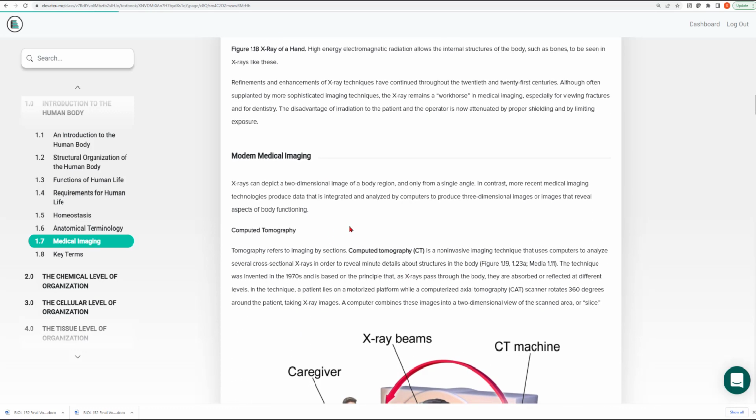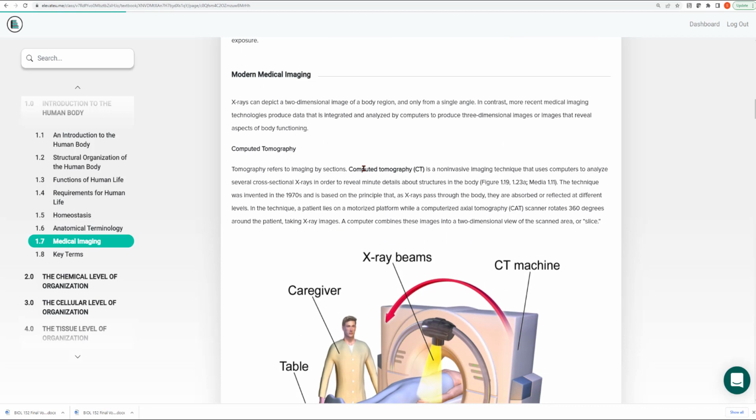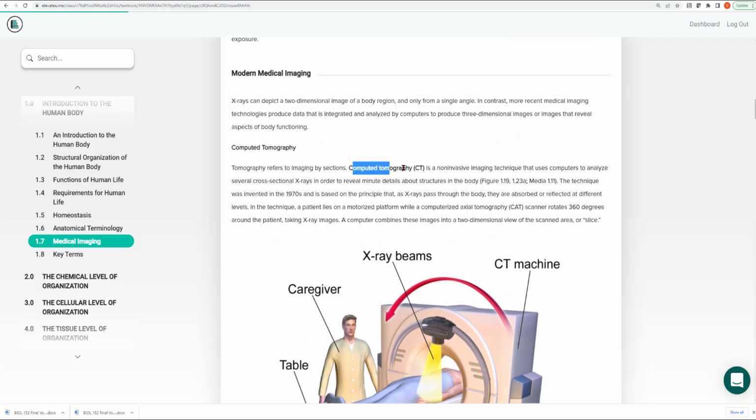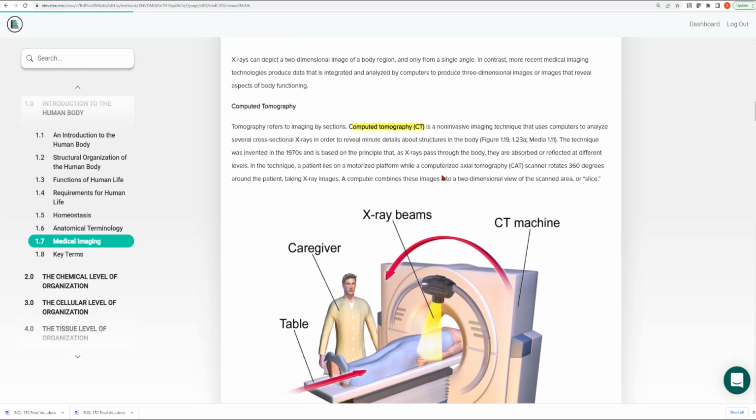Another technique that you'll see a lot of are CT scans. Computed tomography. What it's telling you is that a computer is necessary to collect CT scans. Basically, you're using the same energy, the same x-rays that were used in normal x-rays.